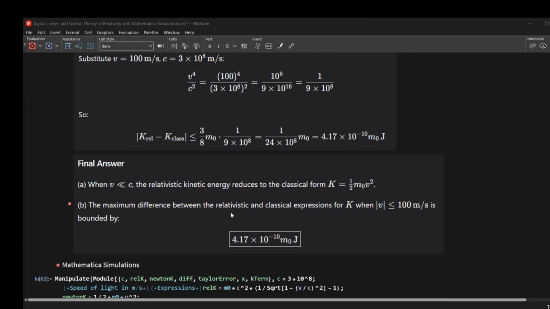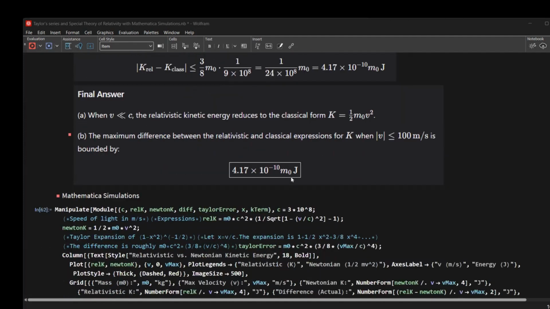So the maximum difference between the relativistic and classical approximation for K, when v is less than or equal to 100 meters per second, is bounded by this value: 4.17 times 10 to the negative 10 of the rest mass. And the unit here is the unit of energy, the joule.